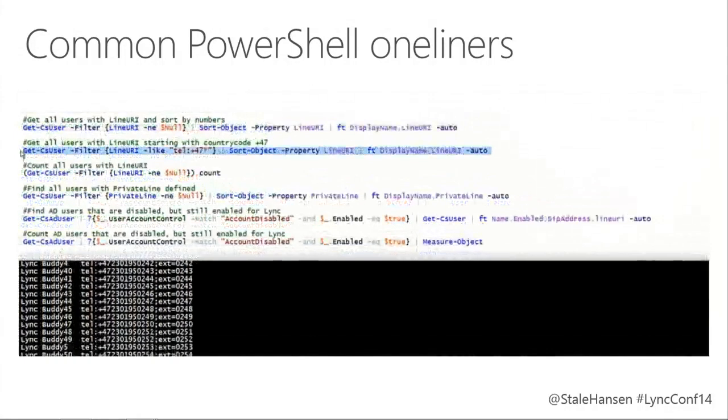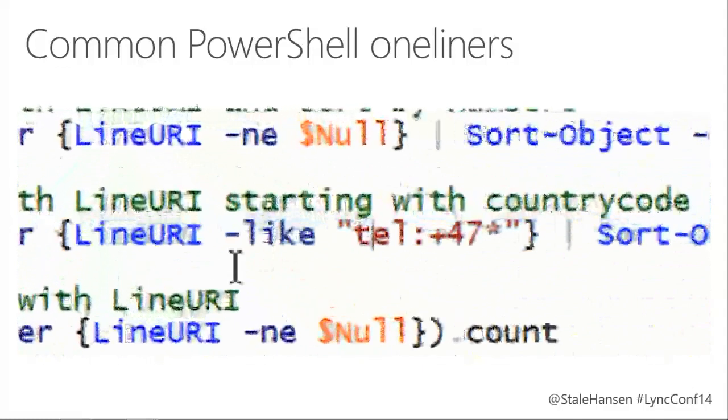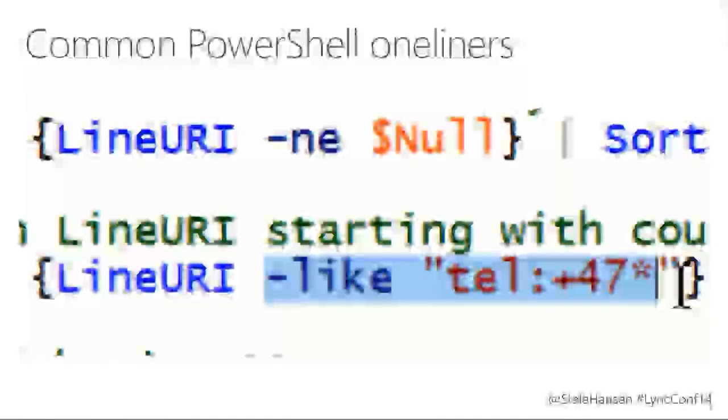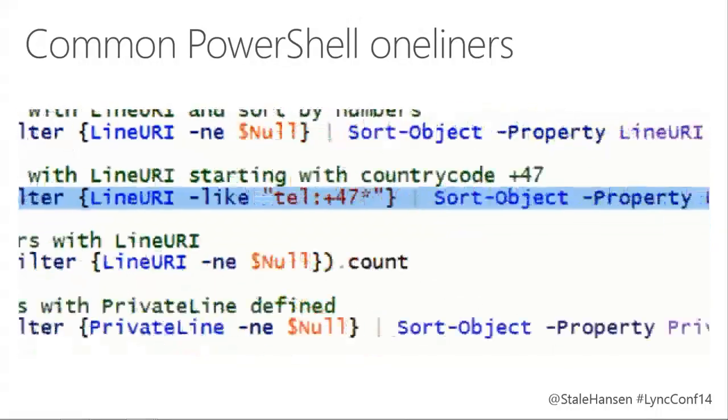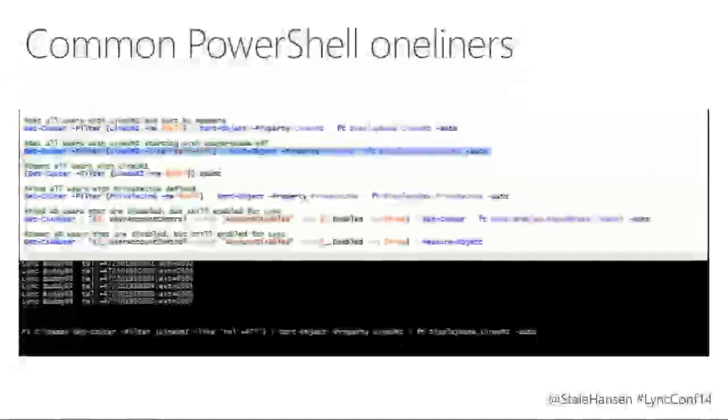You can also filter on contains, in this case, tel: and the country code, so you only want users with a specific country code, and display them in the same manner.